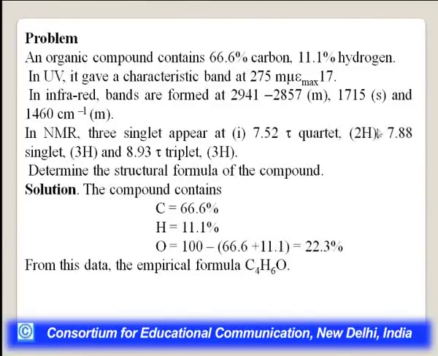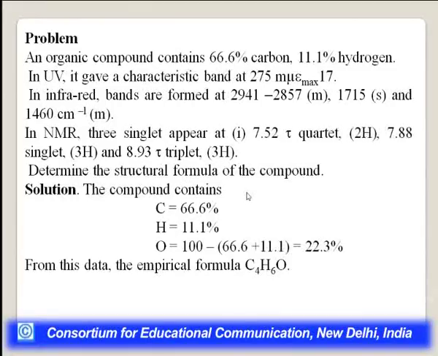You can see within the brackets the number of hydrogens are also given. Another singlet peak is there at a value of 7.88 tau for 3 hydrogens. And this is another signal, 8.93 tau, it will be a triplet, and it is for 3 hydrogens.